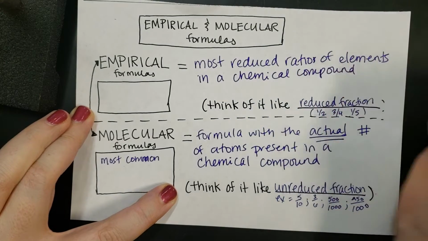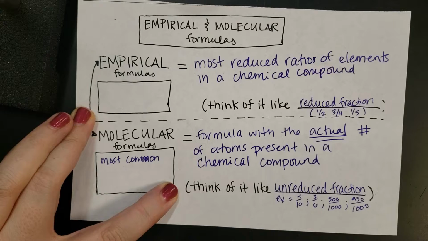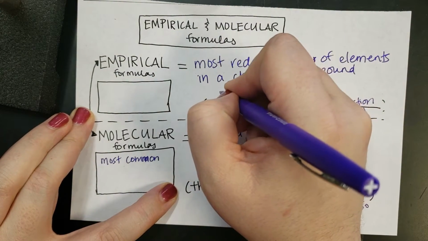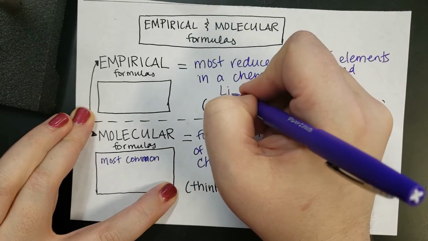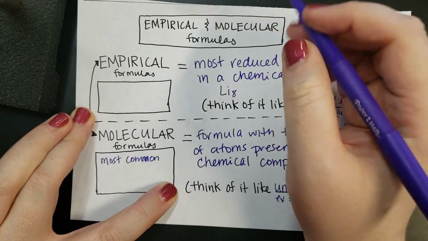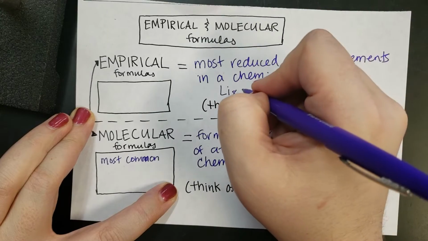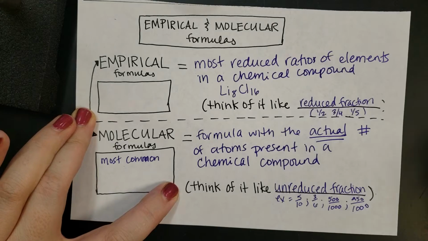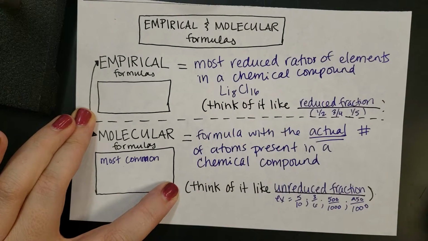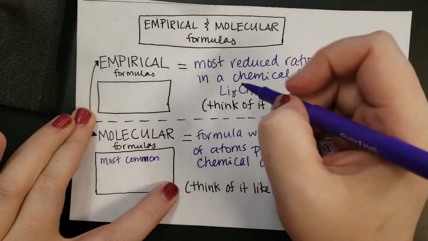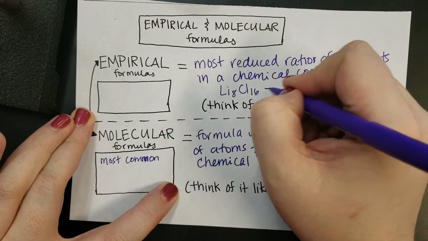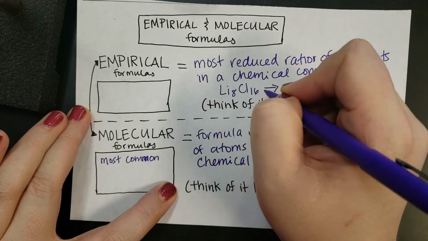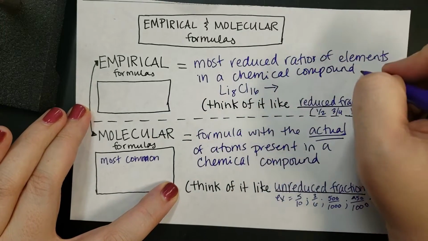So for instance, if you had a chemical formula, I don't think this is a real chemical, but I'm just going to do it for funsies. Let's take lithium. We have 8 lithiums and then 16 chlorines. This would be one molecule of something. Then the empirical formula would be, you figure out the lowest common denominator.